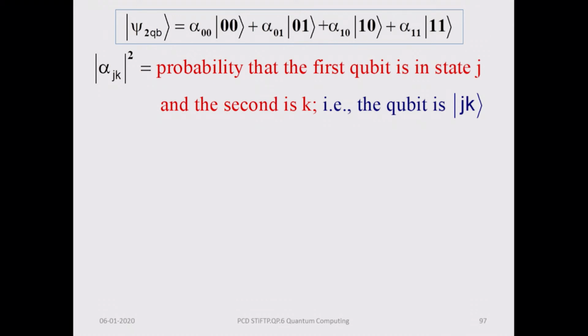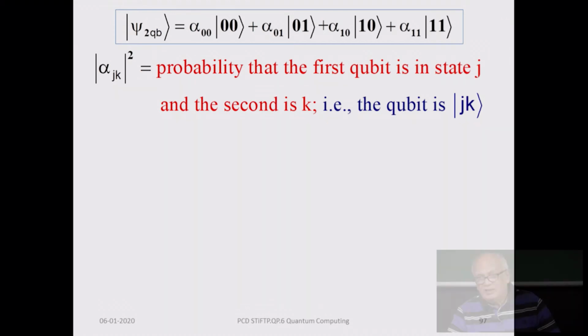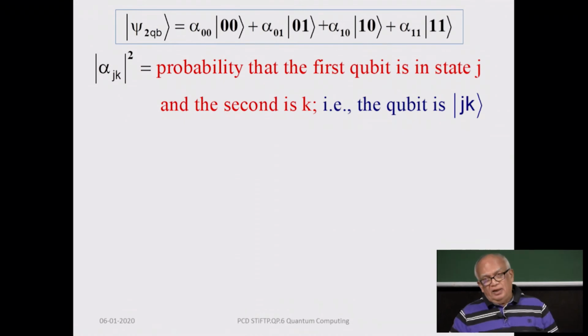So this is like a direct product of two vectors. You have used direct product of vectors when you did coupling of angular momentum. When you couple J1 with J2, then you get direct product vectors of those vectors which belong to the Hilbert space of angular momentum 1 and angular momentum 2, right? So it's something like that.